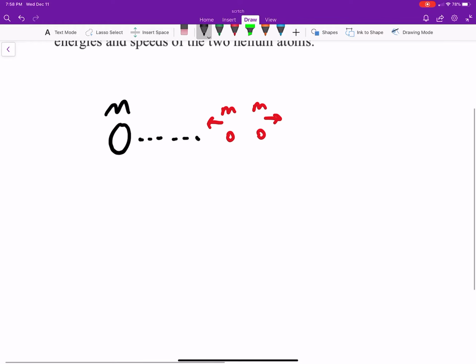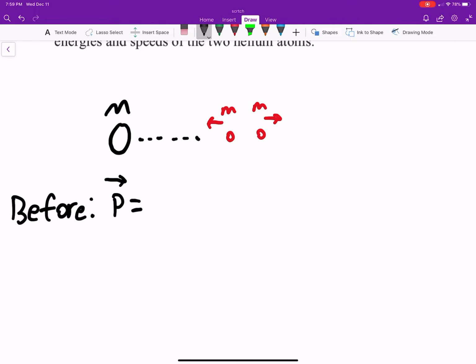Now, if we think about our before picture, what do we have? Well, our momentum is equal to big M times the velocity.